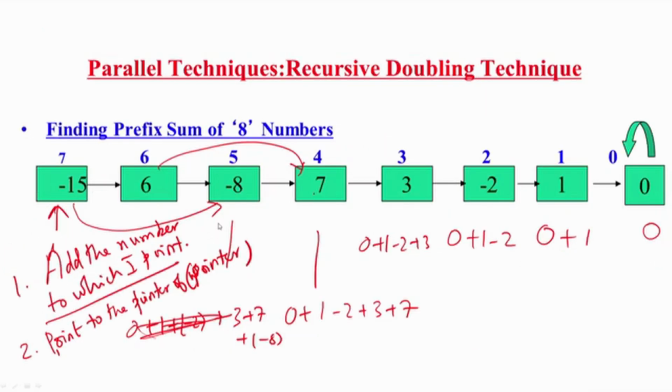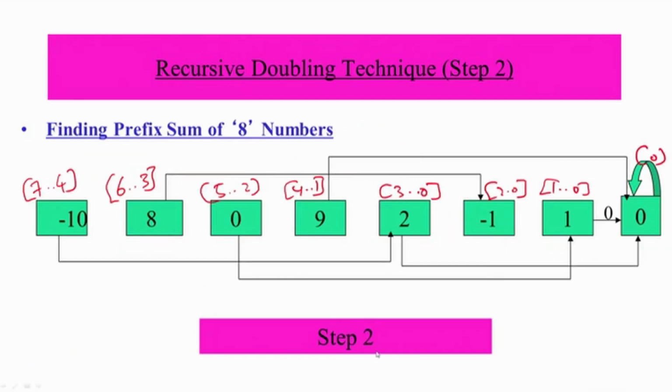At the end of the second step I am pointing to 4 elements away from me, right. So at the end of k steps I will be pointing 2 power k away, so I stop when 2 power k is equal to n, so that means k is log n. Note that all the operations I do in parallel, correct.